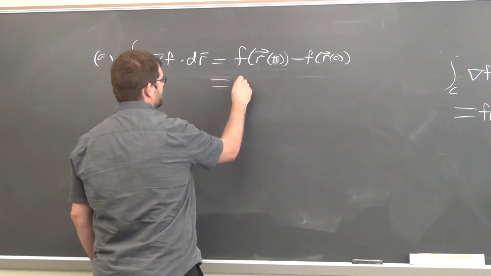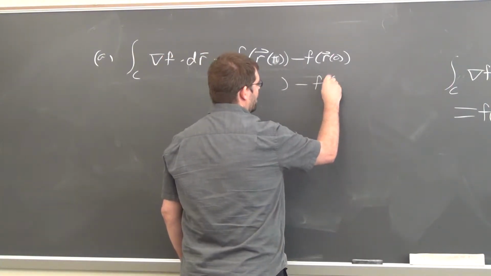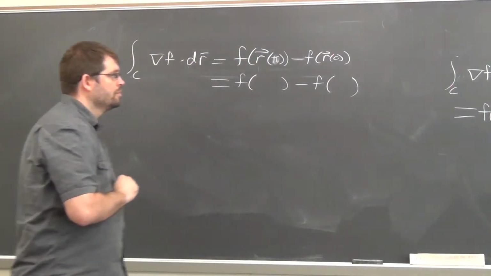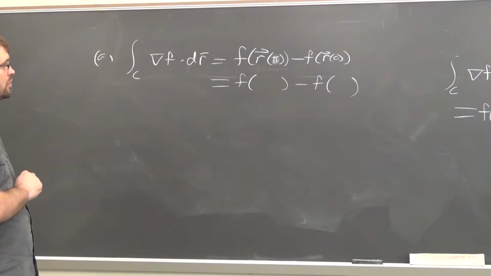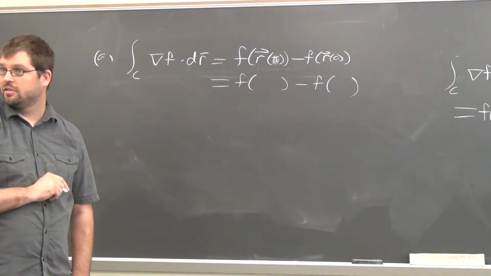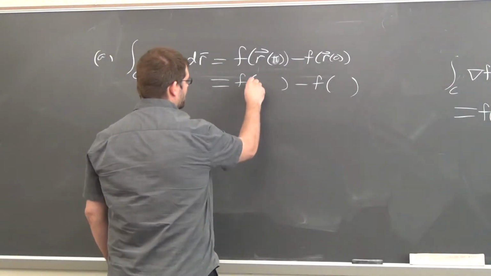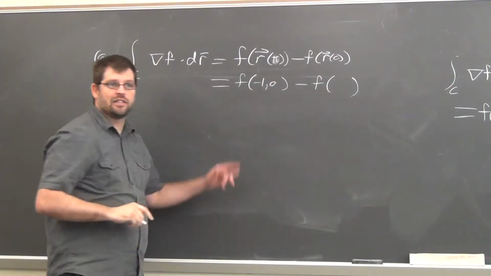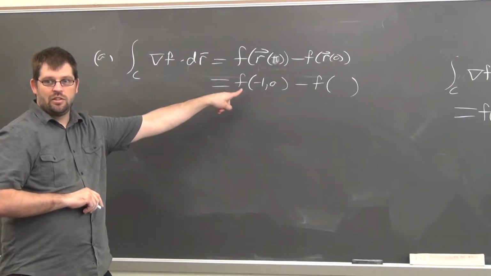Okay, and so let's just plug these in. So what's r of pi? Cosine of pi is -1, sine of pi is 0, so it's (-1, 0), as a vector, but it means we just plug it in as your x and y.